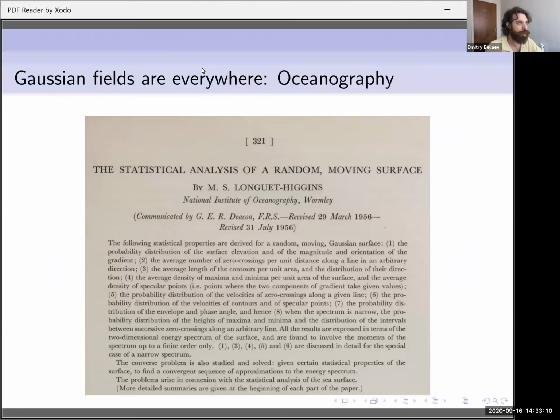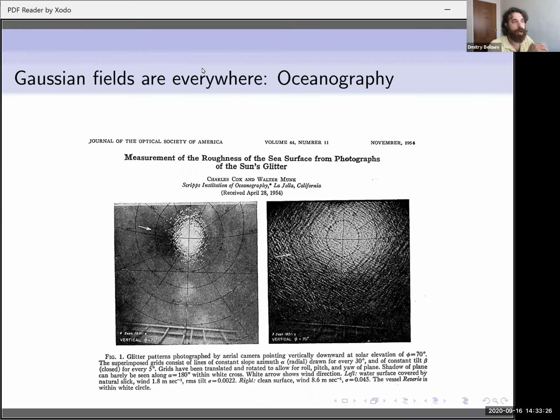There is this famous paper from the 50s where people used them to model ocean waves. This is actually a good example related to what we are going to study.